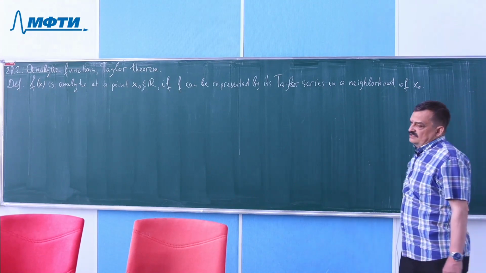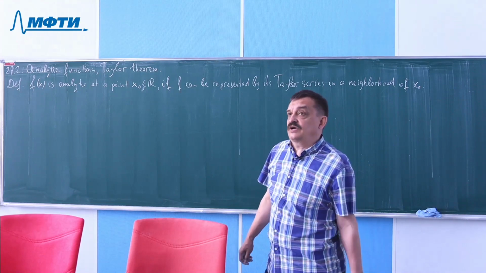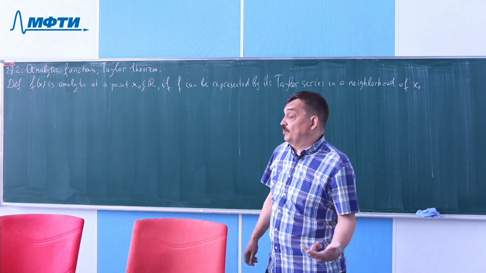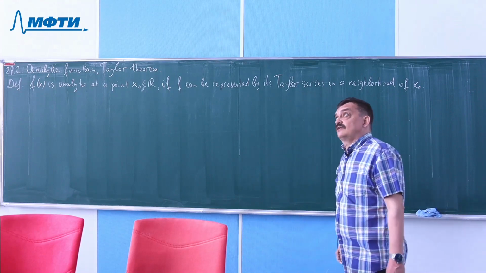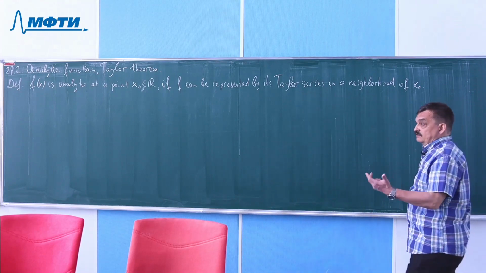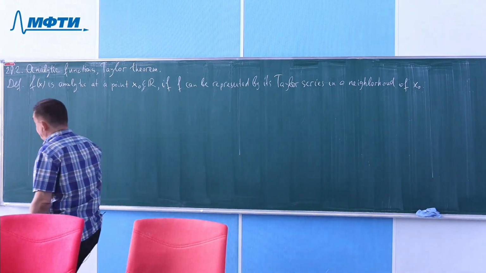So it means that the Taylor series of our function should have a positive radius of convergence, and the function should be represented by its Taylor series.